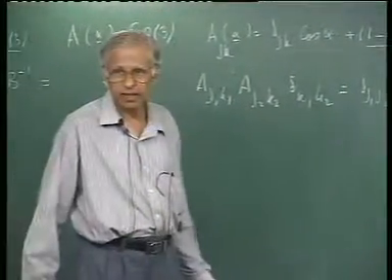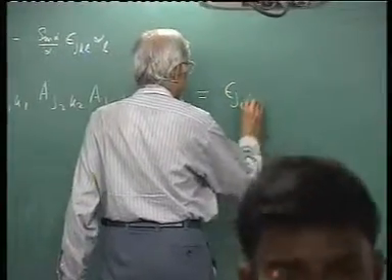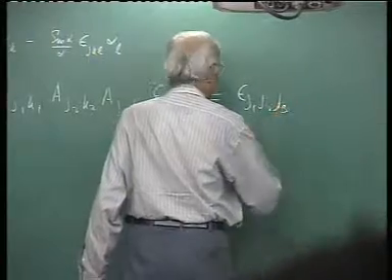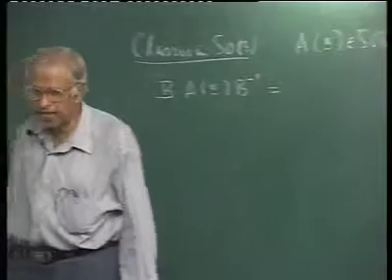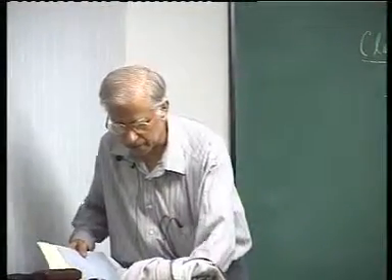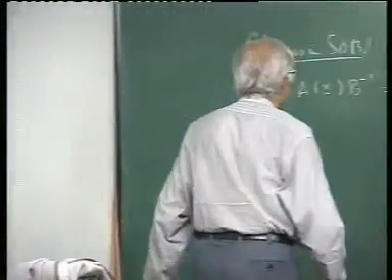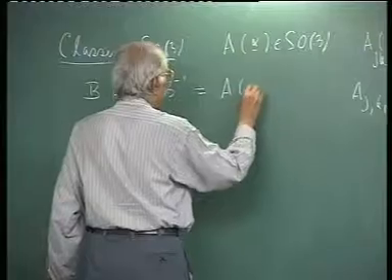Epsilon J1, J2, J3. So we say that the Kronecker symbol and the epsilon symbol are invariant tensors with respect to the proper rotations. So using those formulae, this can be easily calculated. And this I leave as an exercise.